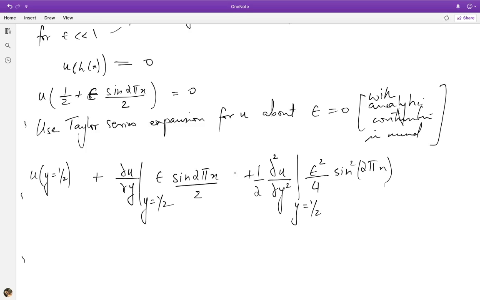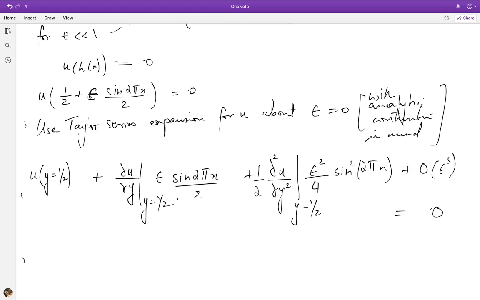Right, so it's delta y the whole square. And the 1 by 2 factor comes from the Taylor series, right? Plus, now really it's order of epsilon cube terms and higher, which I'm going to neglect for now, equals 0.